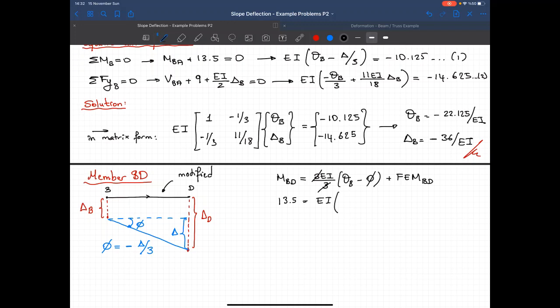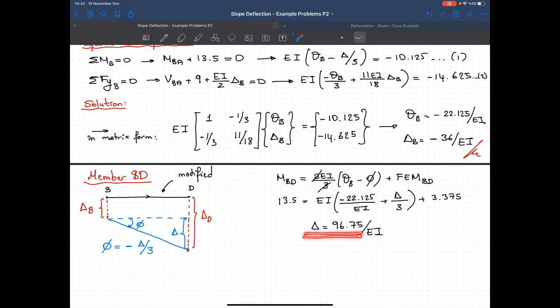Now theta B, we already calculated as minus 22.125 divided by EI. And the phi angle is minus delta over 3, so plus delta over 3. And the fixed moment BD is plus 3.375. The only unknown in this equation is delta. When you calculate that, we find delta equal to 96.75 over EI.